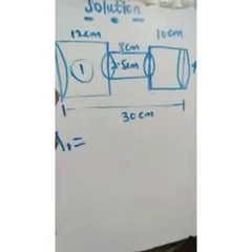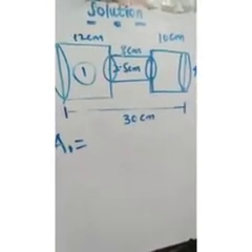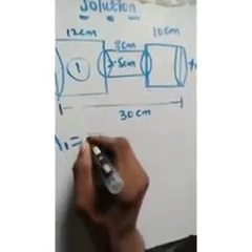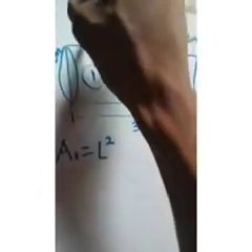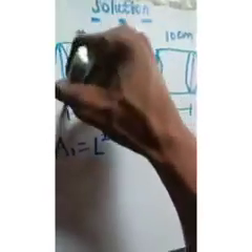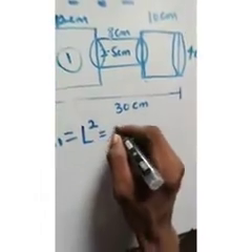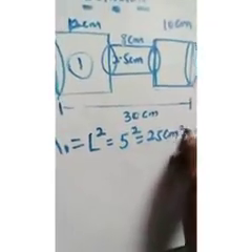So the area is length times breadth. Since it is 5 square in section, our area will be length square, not this length, but the diameter here. The diameter simply represents this length. So it is L square, that will be 5 square, and that will be 25 centimeter square.